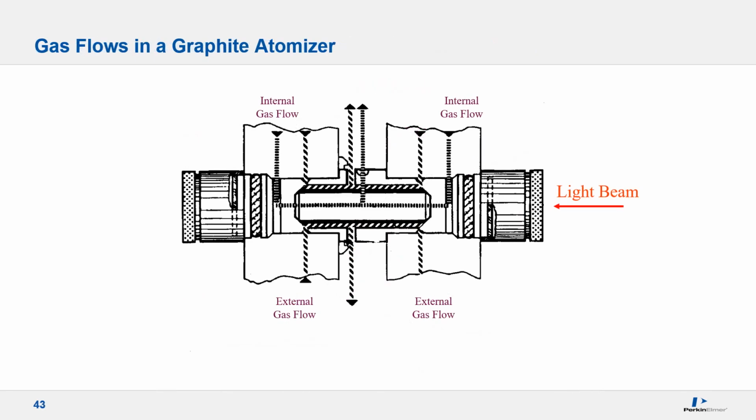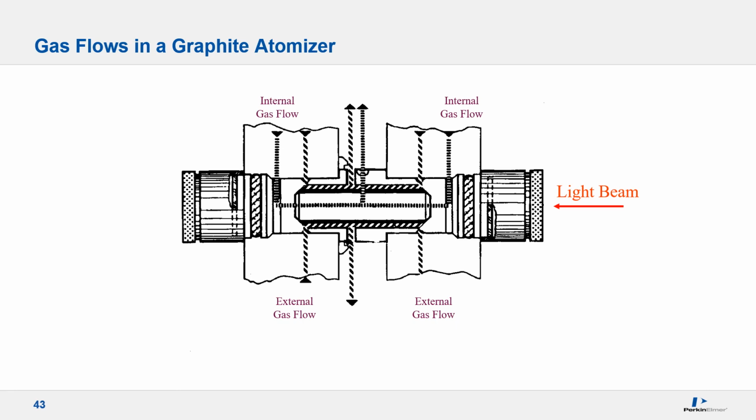Now, let's take a look at the actual gas flows in the furnace area itself. The heated graphite is protected from air oxidation by the end windows and two separate streams of argon. An external gas flow surrounds the outside of the tube and acts as a protective or sheathing gas, and a separately controllable internal gas flow purges the inside of the tube, the flow of which is controlled by the furnace program.